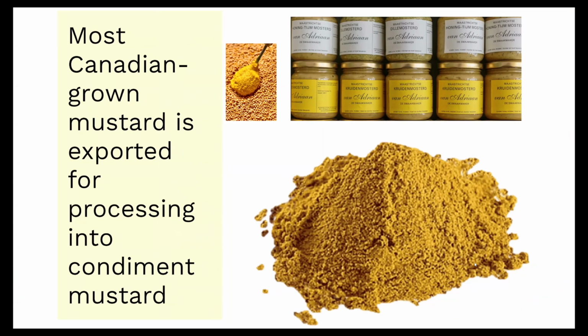It's either used as powdered mustard or it's blended up with ingredients and it goes into a mustard container. This is like your common yellow mustard container that you see on any restaurant table. That's the mustard that we're talking about. It's condiment mustard. And most of the Canadian mustard's condiment mustard.